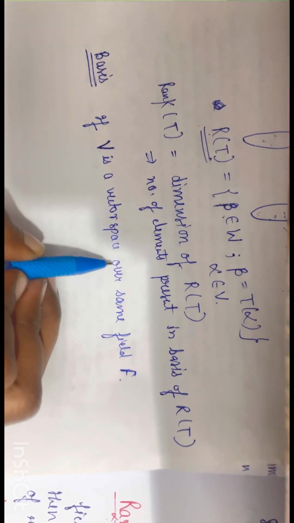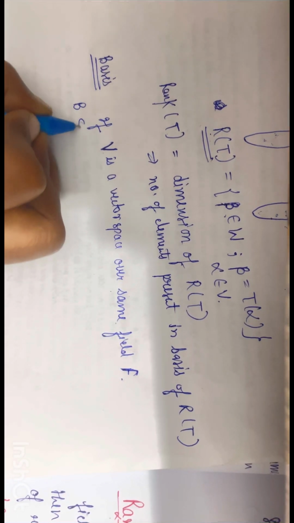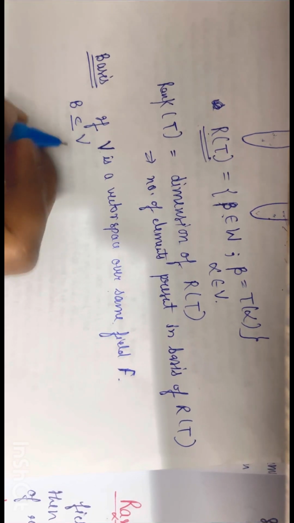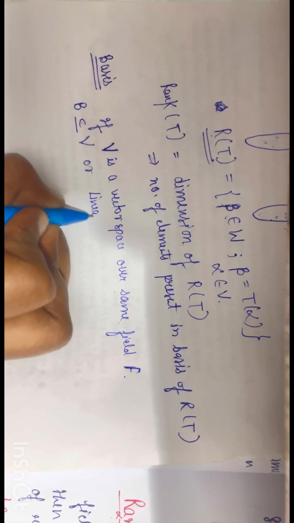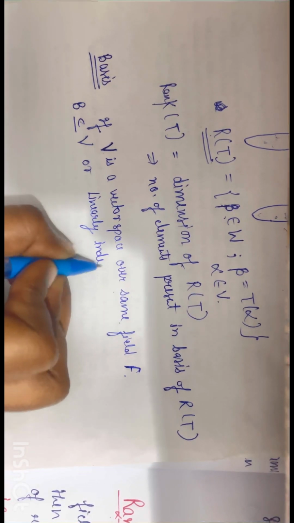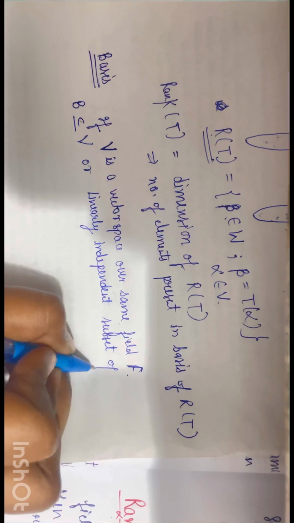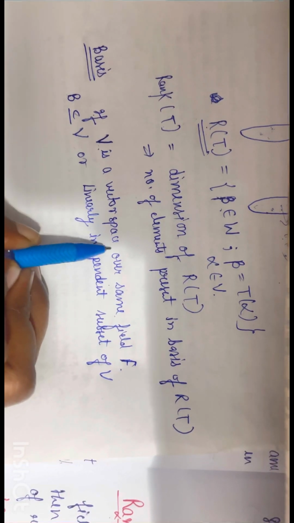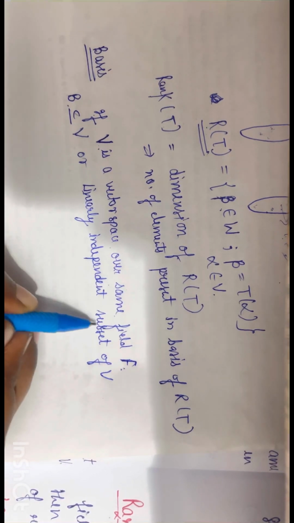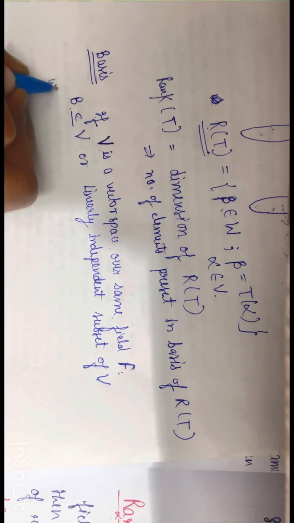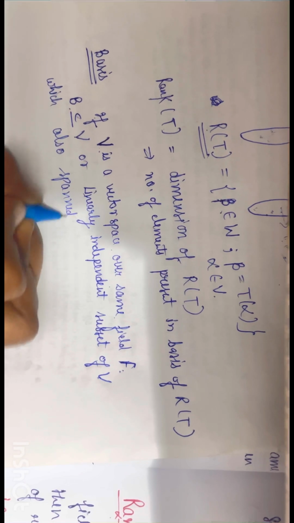Now, if V is a vector space over the same field F, then any subset of V, or a linearly independent subset of V, B, which also spans V, is a basis.